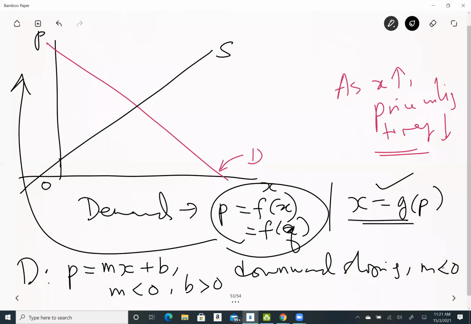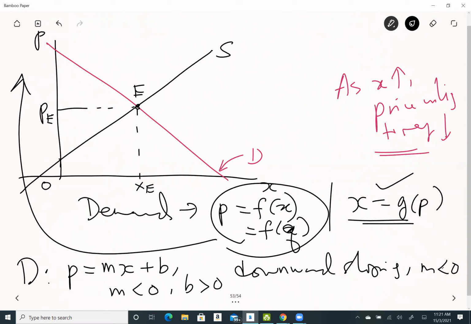So there will be a unique solution. Why? Because the slopes are not equal: one is positive, one is negative. So there will be one equilibrium over there. We call it the market equilibrium, and that corresponds to XE, with the equilibrium price, call it PE.